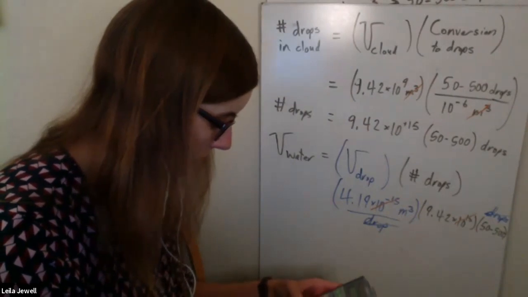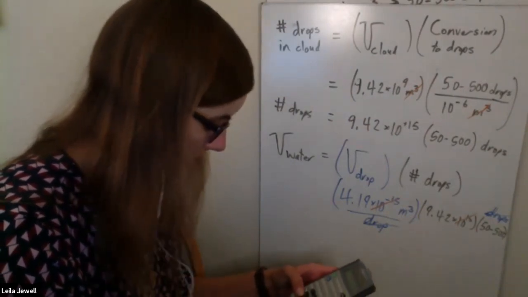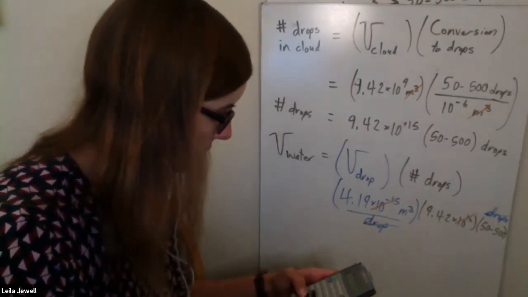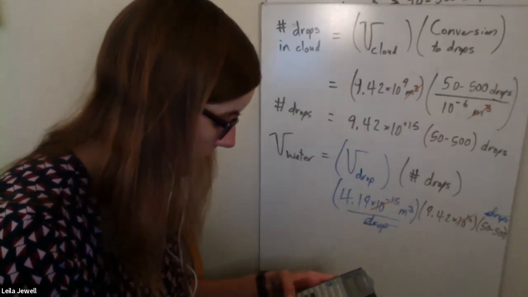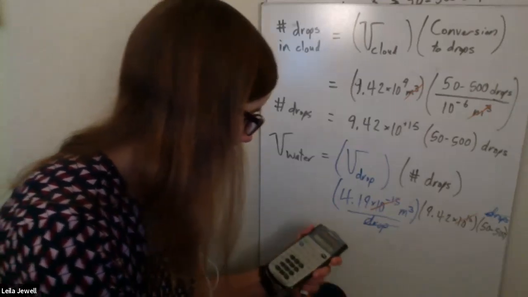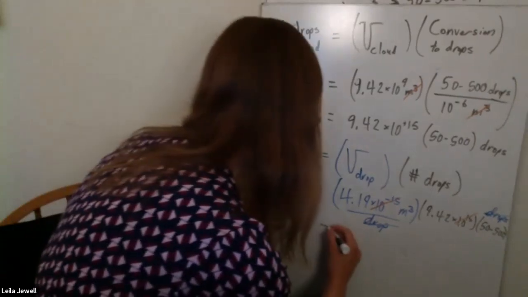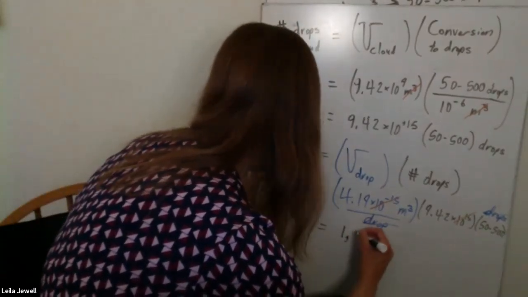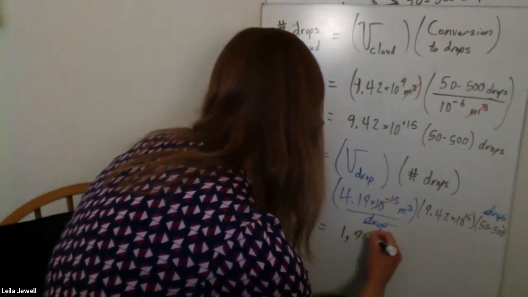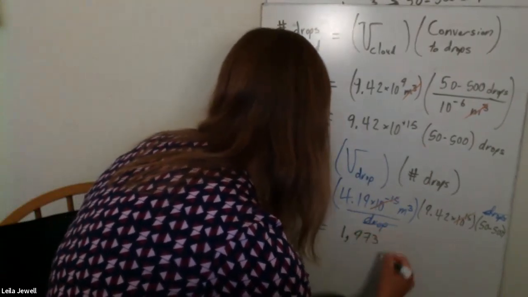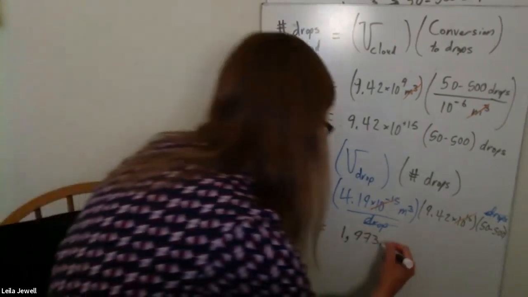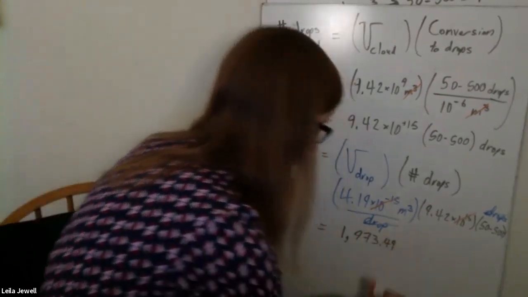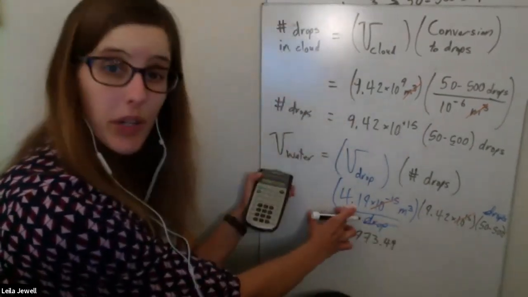So 4.19 times 9.42 times 50. And what I get here is, I'll write it out first, 1,973.49, which is purely depending on how I round it up here.